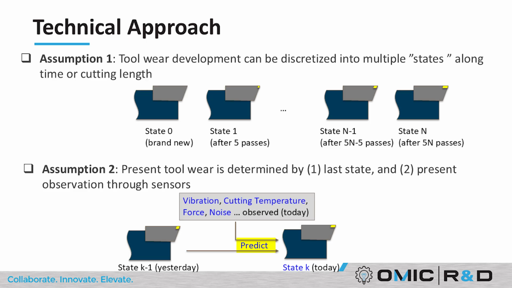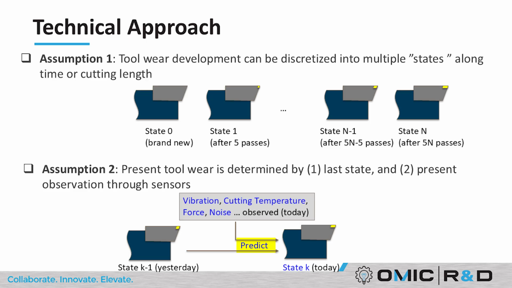The second factor determining the present state is the sensor data: vibration, cutting temperature, force, noise, and so on. These two combined co-determine the present or future state, and we can make use of them to predict the status of the tool wear in the future. Those are the two assumptions.